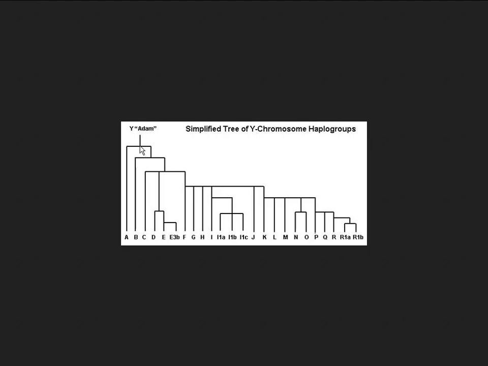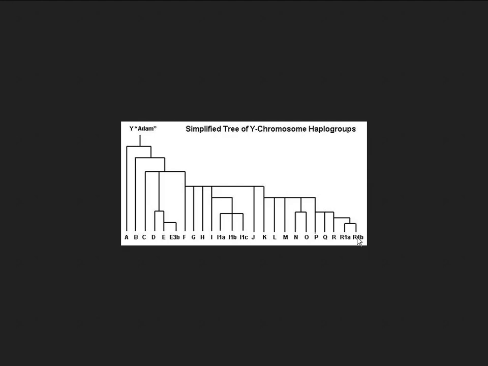So after Y-Adam, one of his descendants had a genetic mutation which divided the tree of mankind into two branches. One is haplogroup A, and the other one then divided with another mutation many generations later into haplogroup B and all the other haplogroups, and so on. More and more mutations have happened. And when this tree was first put together 20 or 30 years ago, they didn't even need all the letters in the alphabet.